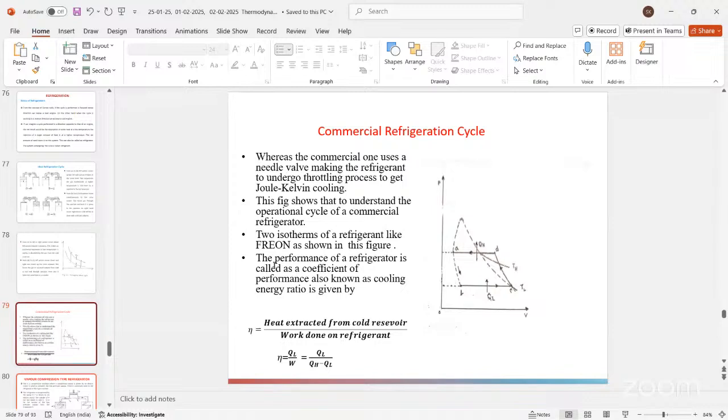This performance of a refrigerator is called the coefficient of performance, also known as the cooling energy ratio, and is given by heat extracted from the cold reservoir by work done on the refrigerant. Eta is equal to QL by W, that is equal to QL by (QH minus QL).